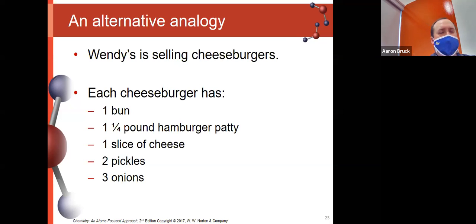So in this very realistic scenario, we've got cheeseburgers that consist of a bun, a quarter-pound patty, a slice of cheese, 2 pickles, 3 onions. Can't deviate from it, no condiments. This is what it is.